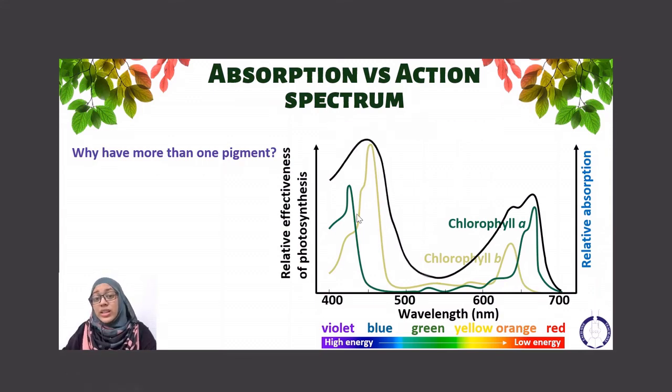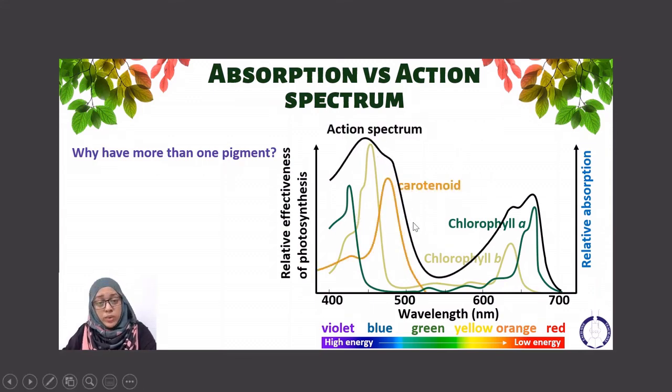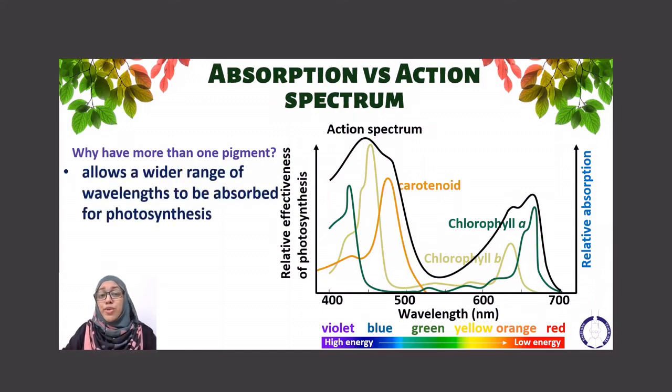Add to that the carotenoids, and you would have an even wider range. So this major advantage that plants have is that they normally have more than one pigment, which ensures a wide range of wavelengths can be used for photosynthesis.